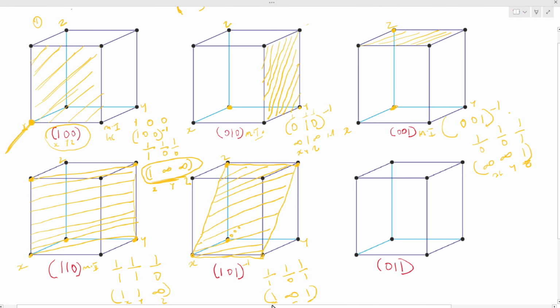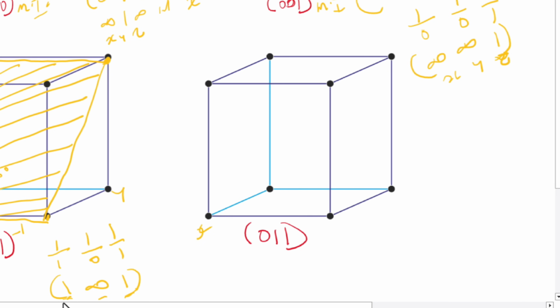Right, then let's go again. This is our x, our y, and our z. So we do the reciprocal of our Miller indices, we will end up having infinity 1 1. So we know this is x, y, and z, so we are picking our point of origin here because it's all positive.